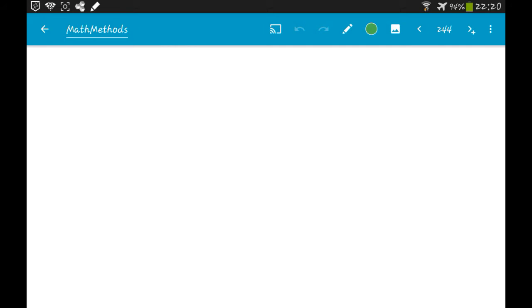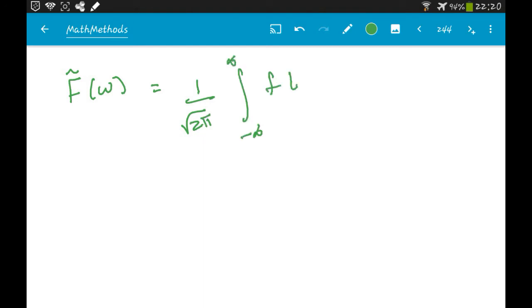Alright, so now we know what Fourier transform is, right? Now we can also, since we know F of omega is 1 by root of 2 pi, integral from minus infinity to infinity f of t e power minus i omega t dt. So this e power minus i omega t can be written in terms of cos and sine.